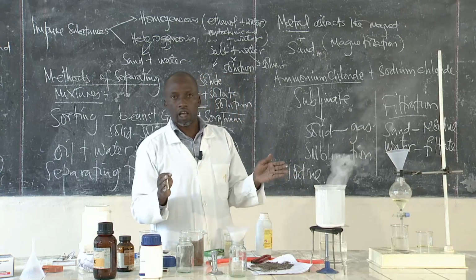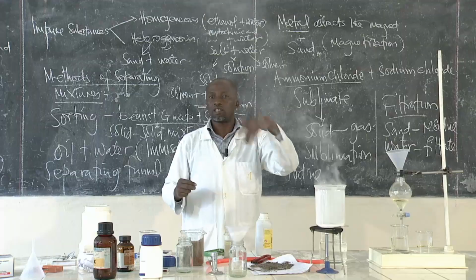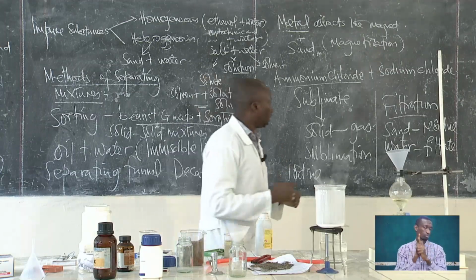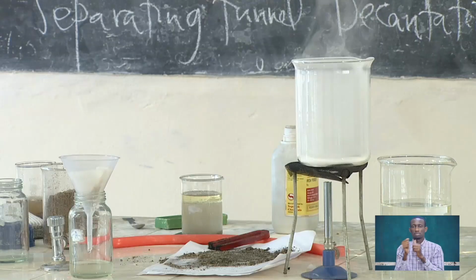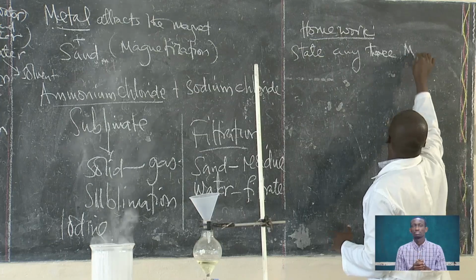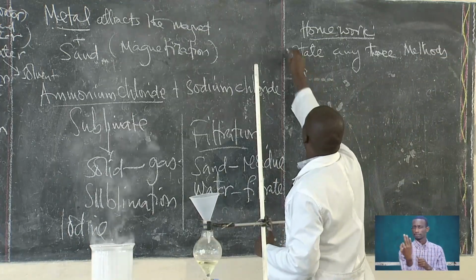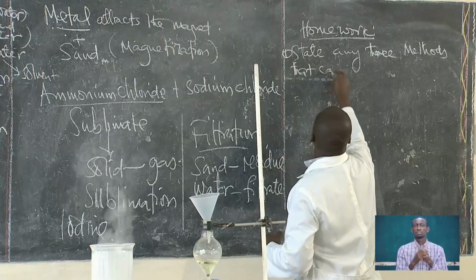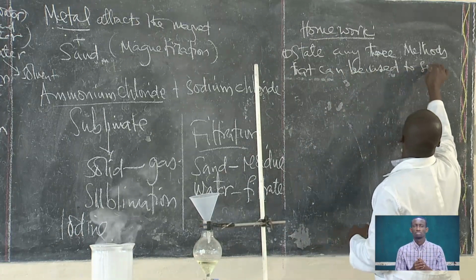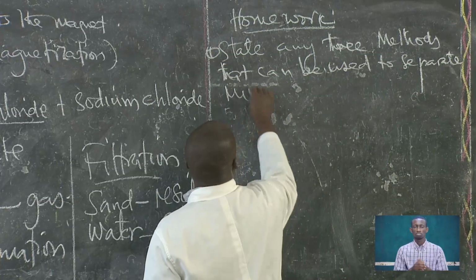So this is what I had for you today. To wind up, I have to give you an exercise or homework that you can do. Next time when we meet again, we can answer them together, or you try to answer them yourself. One: state any three methods that can be used to separate mixtures.